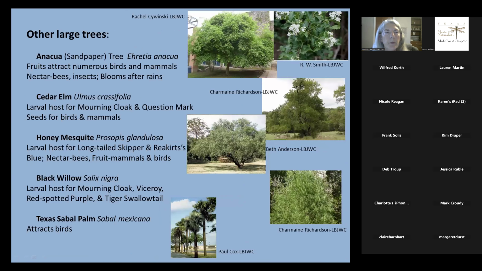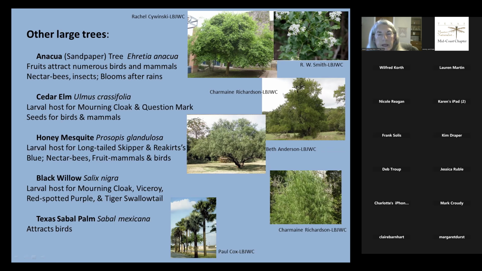And then just some other different large trees. We have the Anaqua, which is the sandpaper tree, and it gets these beautiful blooms after a rain, which are very good nectar for bees and insects. And it has fruits on it as well, and they are good for the birds and mammals. Then your cedar elm is the larval host for morning cloak and question mark butterfly, and it has seeds for birds and mammals too.